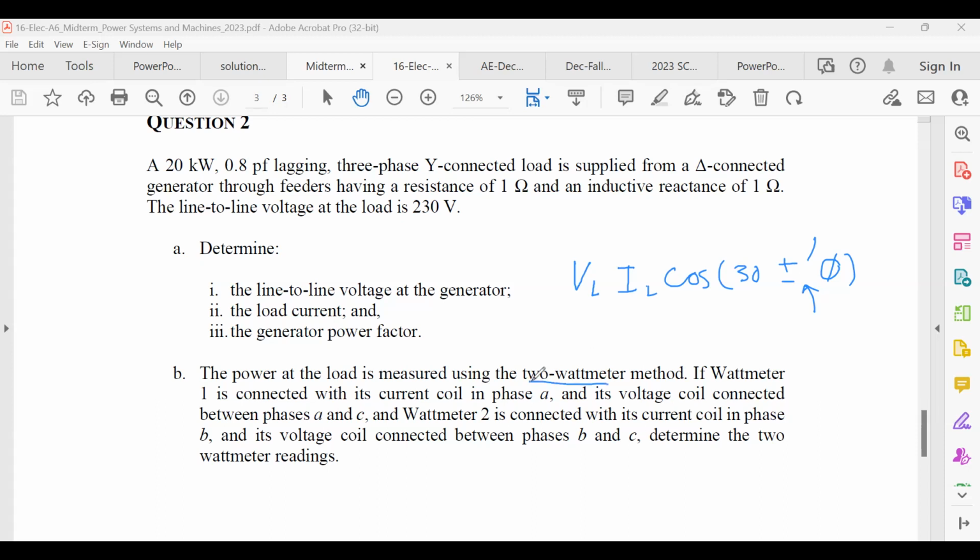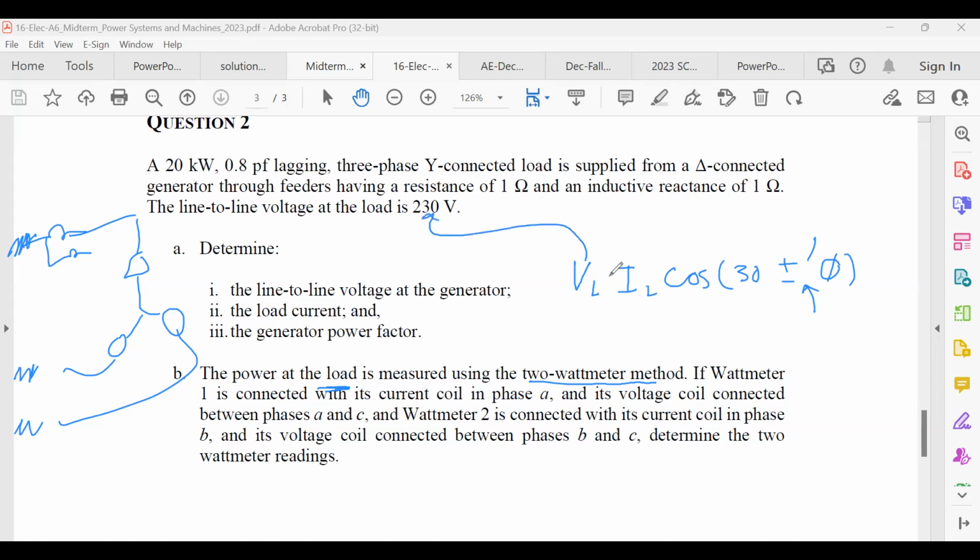By the way, the wattmeters are connected to the load, not including the feeders, because you want to get power at the load, not including the feeders. You have this voltage from the load, yes. You have the current, yes, we already calculated this current actually.